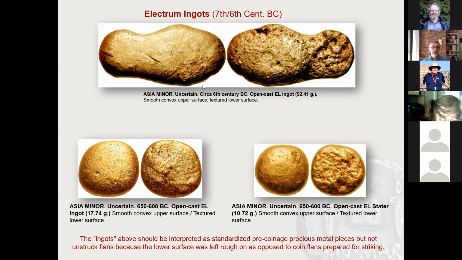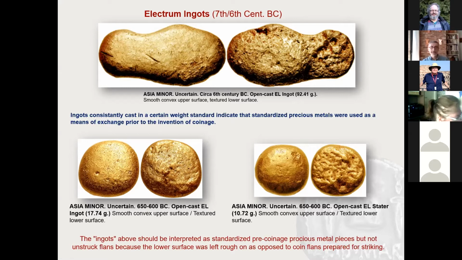And from the texture, we can simply see that they were cast in clay, or sand, which is a practice that is still employed in history. And these are all open surface castings.